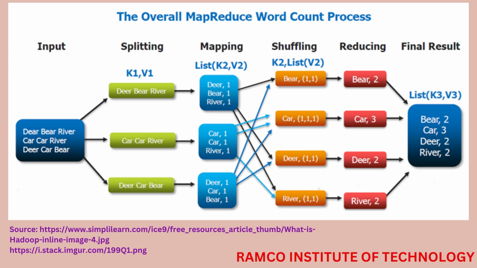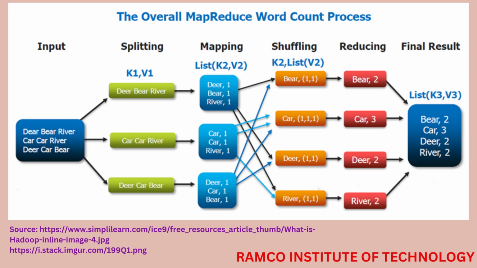After that, shuffling and sorting is done, so a key along with the list of its values is generated. In the shuffling phase, the beer word from the first text and the beer word from the third text get combined, meaning beer of 1, 1.